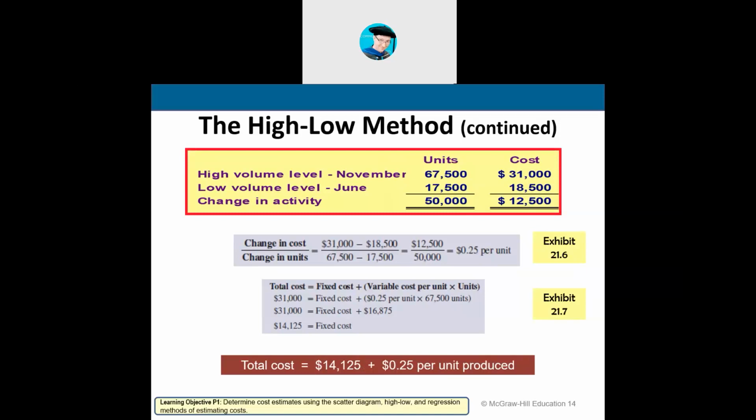We take the high month minus the low month to get the total change in activity. The highest month, November, the lowest month, June. High minus low equals change in activity.